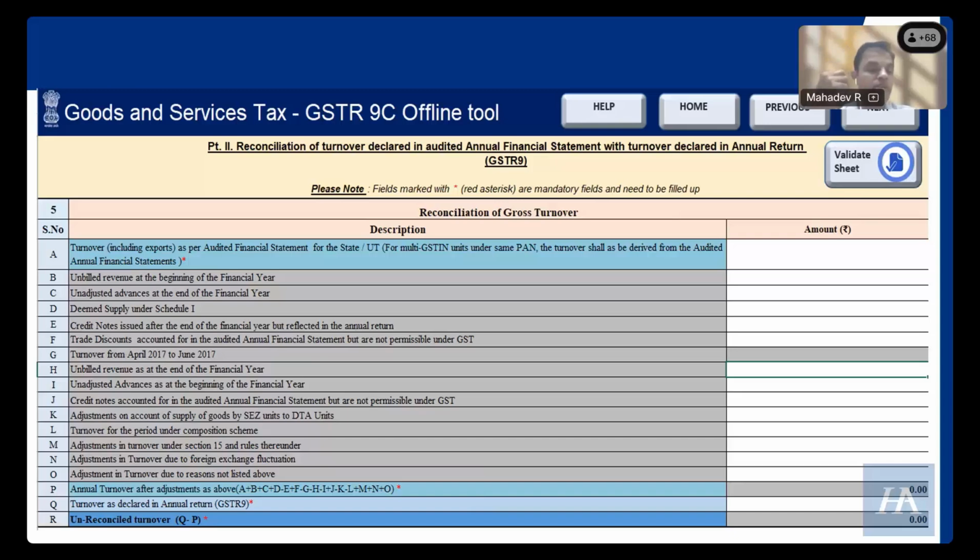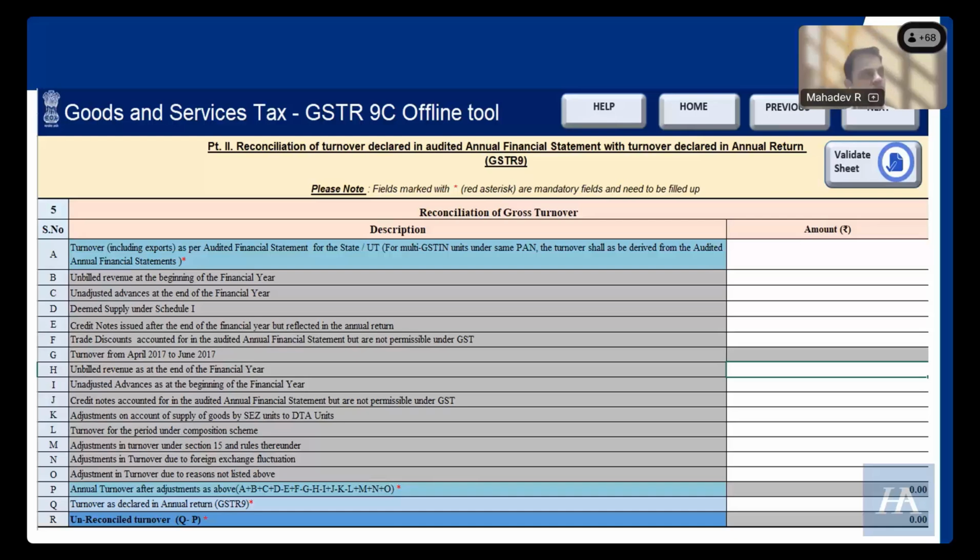Similarly, there are multiple reasons wherein the valuation difference can be there. Another example can be gaming companies. For gaming companies, GST is paid on the entire deposit value, whereas the turnover in the financial statement is only the commission value. Then there can be adjustment for foreign exchange fluctuation as well.